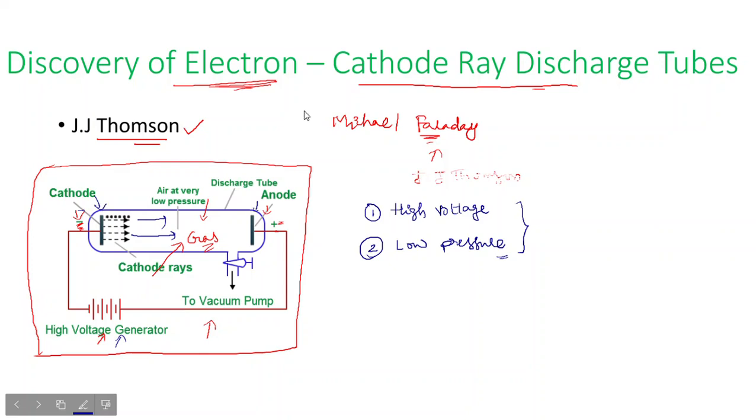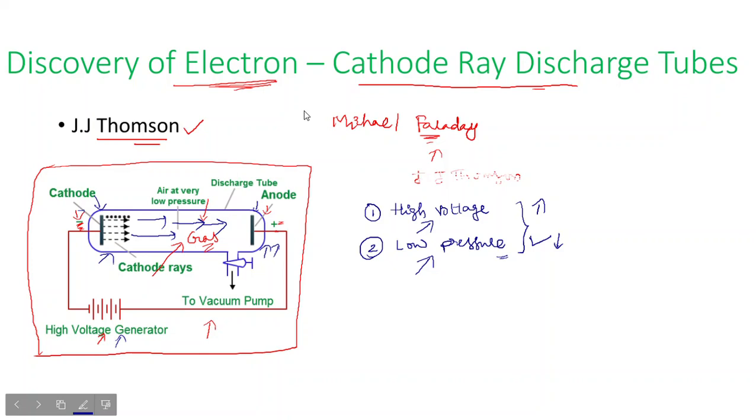When the voltage is high and the pressure is low, he observed some movement of particles. Some rays started traveling from the negatively charged cathode end towards the positively charged anode end.